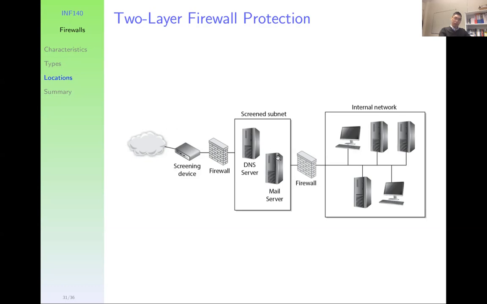It's not like these servers are open to all kinds of requests. So in this case, they have this firewall set up to allow some traffic to request some services from these servers.